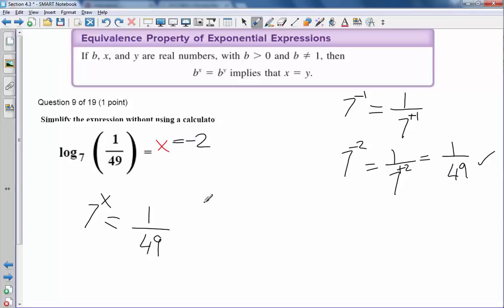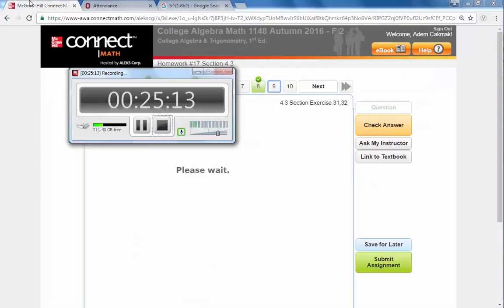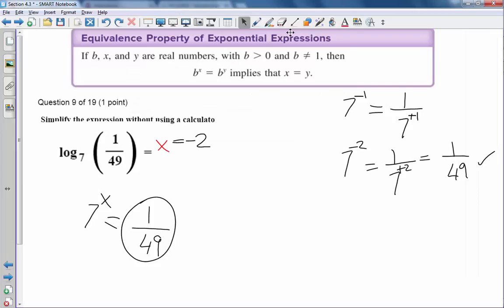X is negative. So again, if you have reciprocal 1 over something, search for negative numbers, okay? Negative 2 is that. Alright, why don't you try next one?